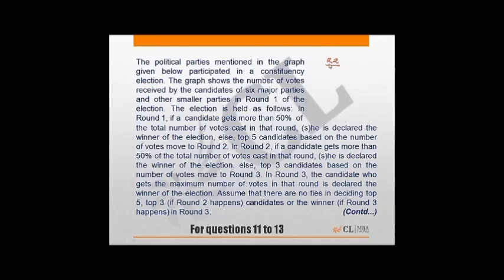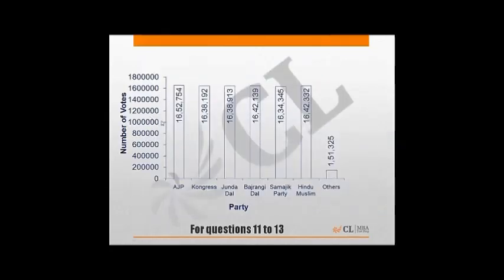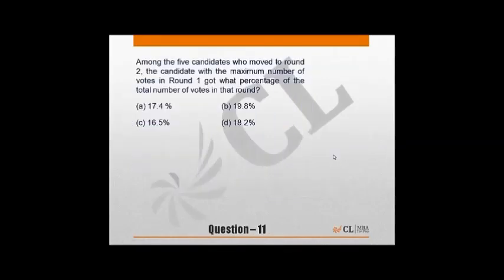Okay. So when I look at this data, the numbers are a little difficult, but all of them are around about 16 lakh or so. Okay, so not rounded off numbers. Numbers are close to each other. And it talks about different political parties and number of votes. So it is quite possible there will be some ratios to be found and can be calculation intensive. Quickly run through the questions. The choices are not close.